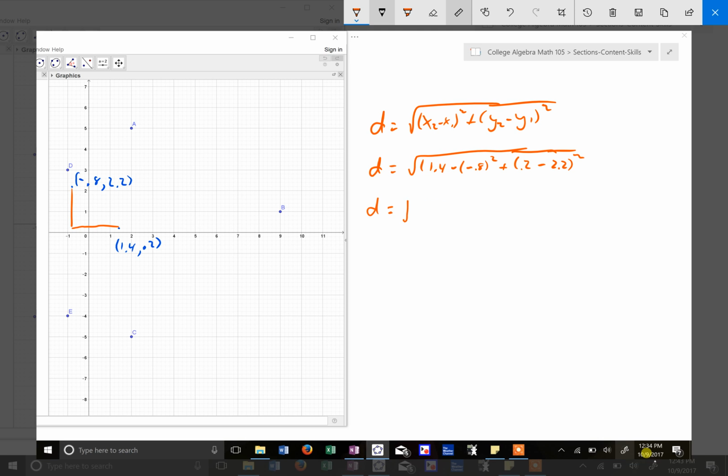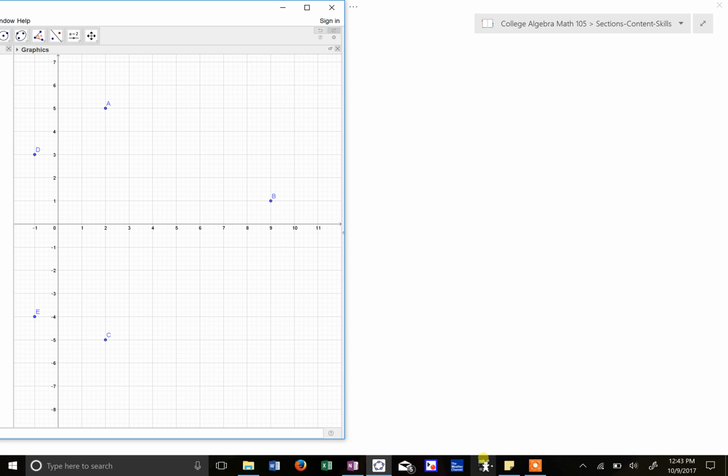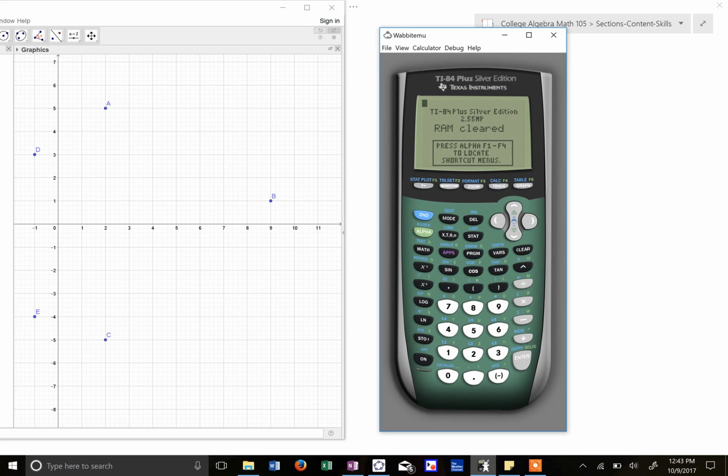And then I end up with 2.2 squared. Do you see how I messed up my parentheses there? Plus -2 squared. 2.2 squared equals 4.84.